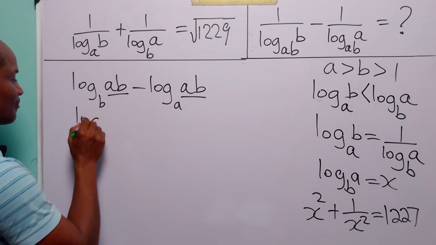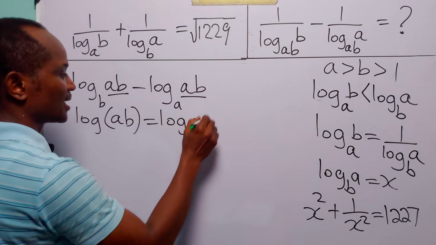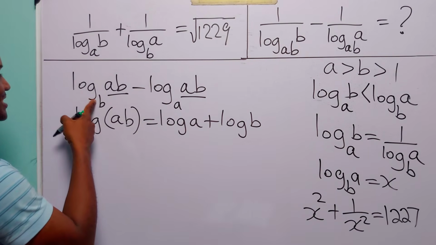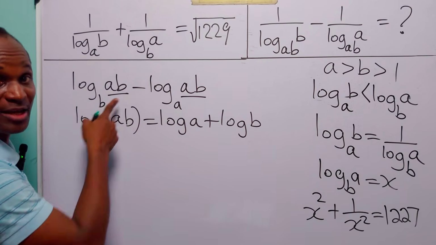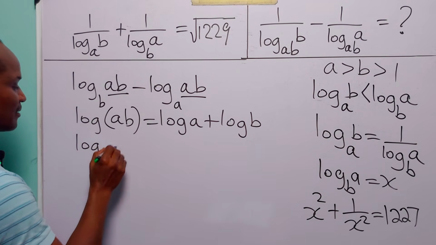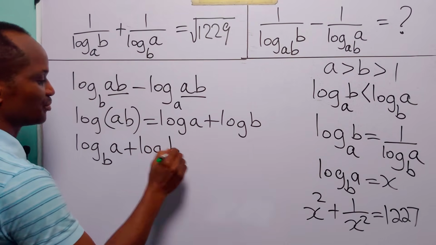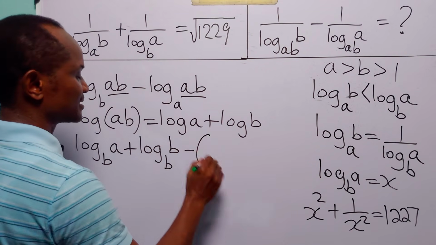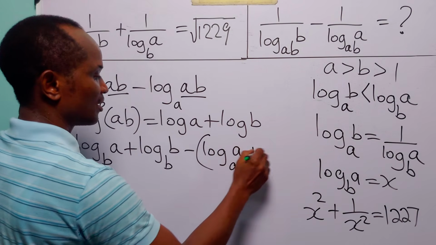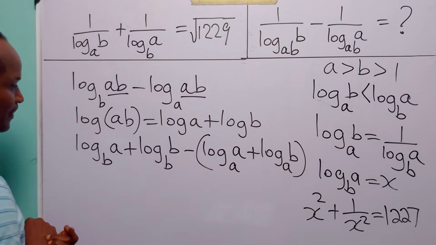Remember that log AB is equal to log A plus log B. That means that we can expand log to base B of AB as log to base B of A plus log to base B of B. And we can expand this as log to base A of A plus log to base A of B.